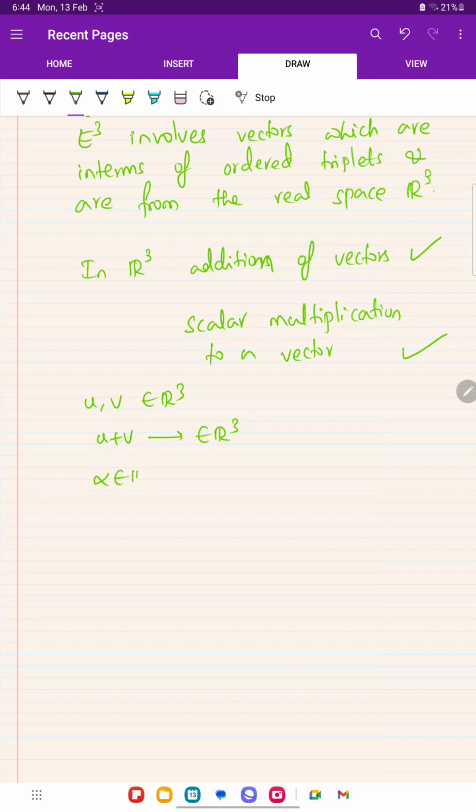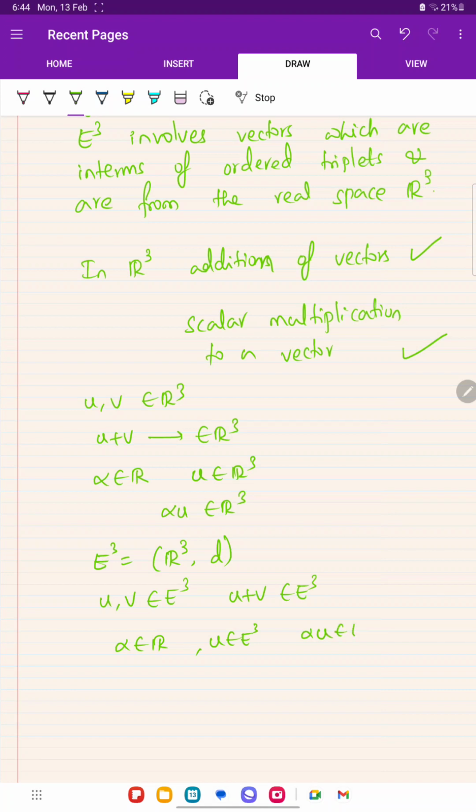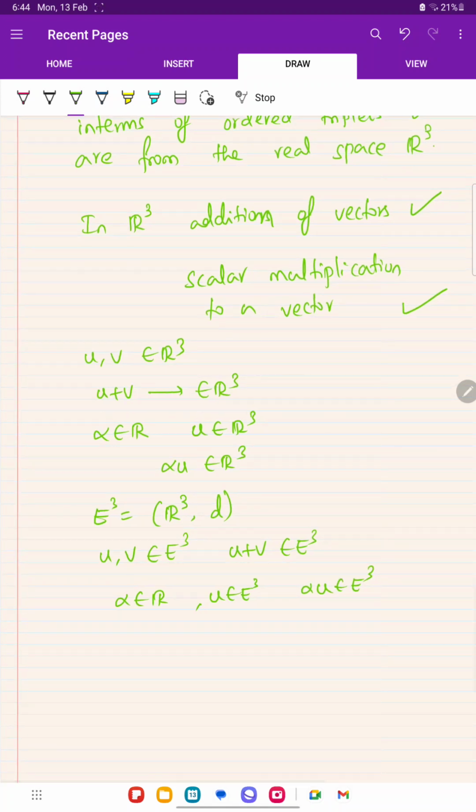Suppose alpha is a scalar from R and u is a vector in R3, then alpha u also belongs to R3. So here E3 is the real space together with the metric d. In E3 also, for u, v belonging to E3, u plus v also belongs to E3, and for alpha belonging to R and u belonging to E3, alpha u belongs to E3. So therefore, by the two-step test of vector space, E3 is a vector space.